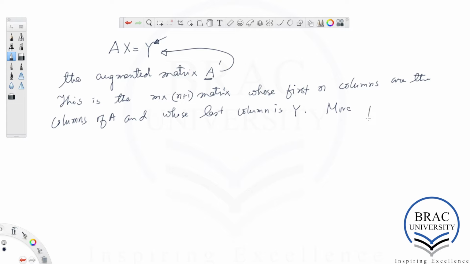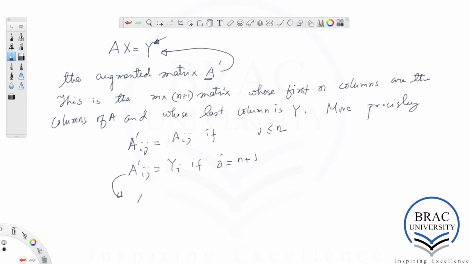More precisely, A prime ij is going to be equal to aij if j is less than or equal to n, which means that A prime and A coincide with each other there, and A prime ij is equal to yi if j is equal to n plus 1.